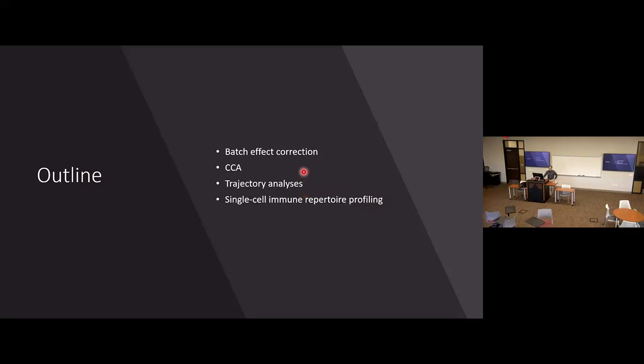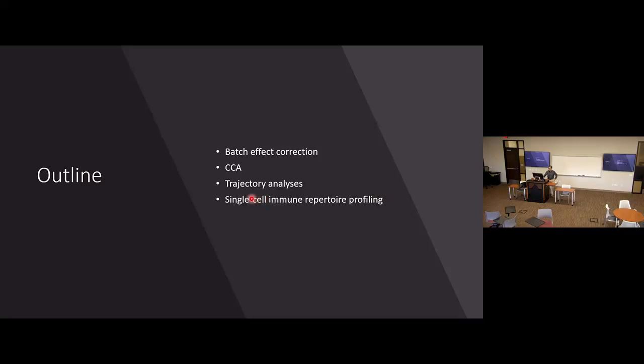Then we will mention pseudo-time, or sometimes called trajectory analysis. We will go through some principles behind each of the applications. Many methods have been developed to do this pseudo-time trajectory analysis, so we will look at how they do it.